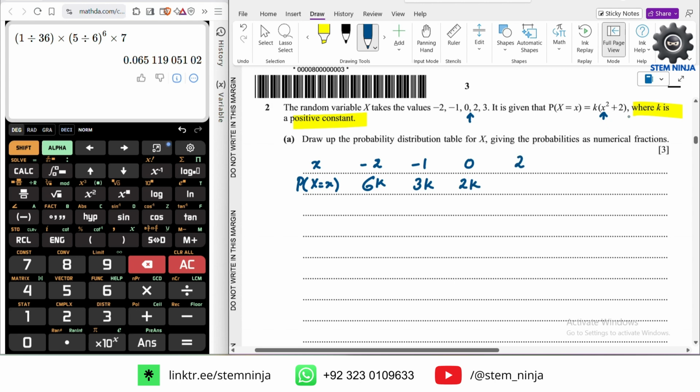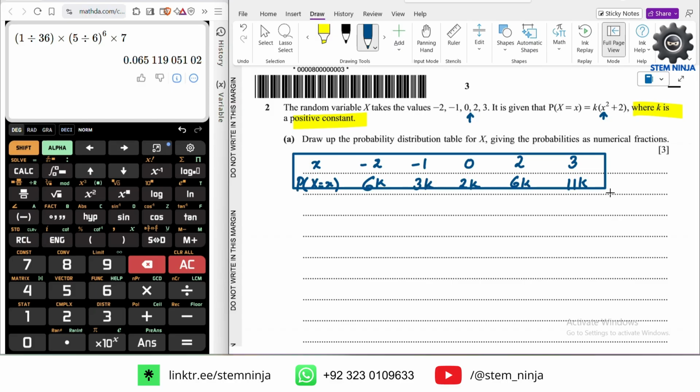Then 2: 2 squared is 4, 4 plus 2, 6k. And then 3: you have 9 plus 2, 11k. Okay, now we can draw a table on top of it.